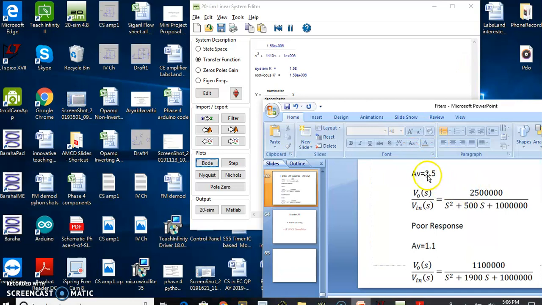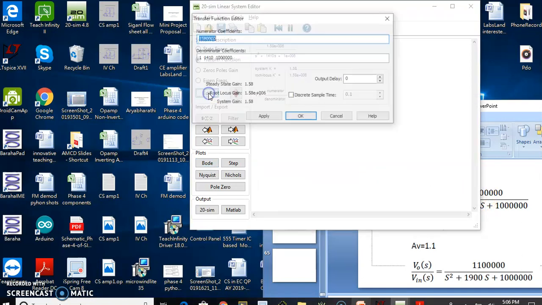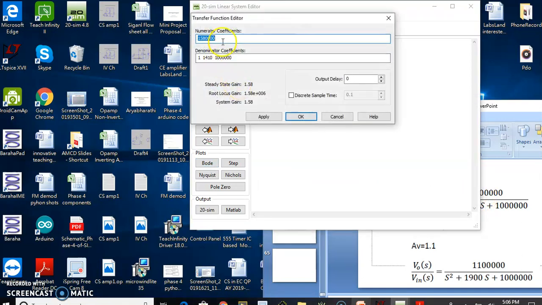You can see we have a gain of 2.5, which corresponds to 250 followed by 4 zeros. Let me edit this. So this is 250, 1, 2, 3, 4, and then this happens to be 500, because we have this squared, 500s, and this is 1000.